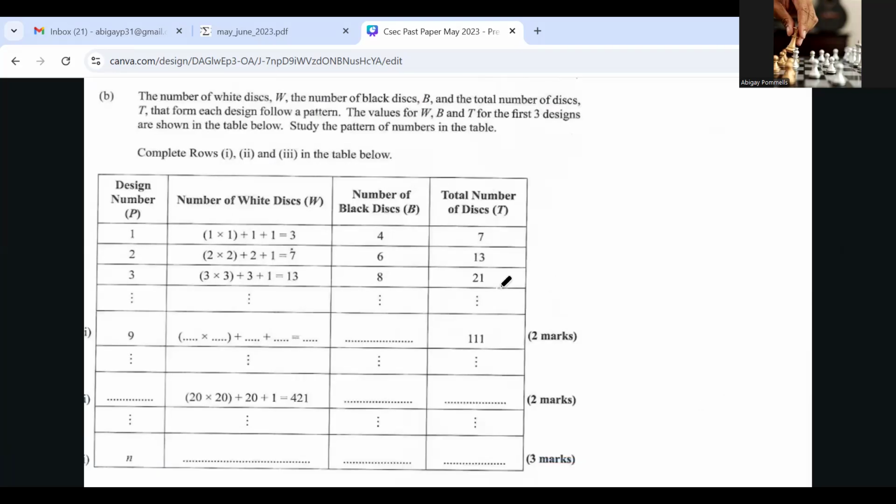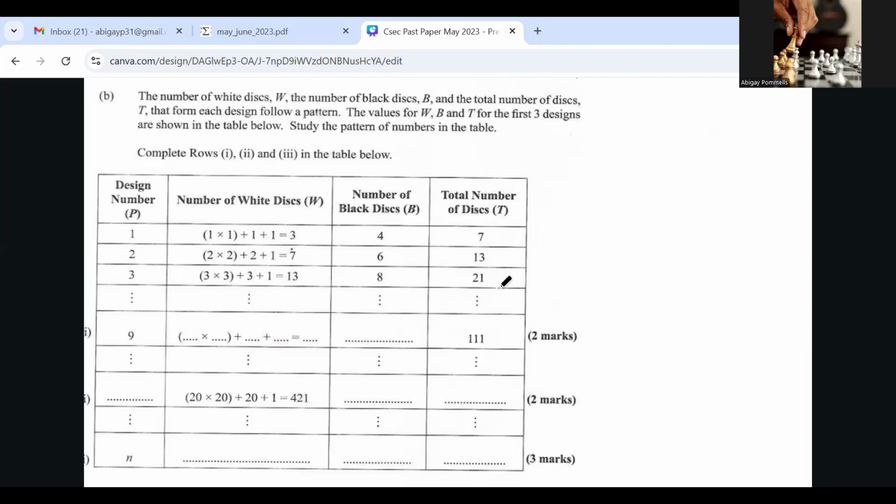Now, moving on to the more complex part. Here it states the number of white discs, W, the number of black discs, B, and the total number of discs, T, that form each design follow a pattern.